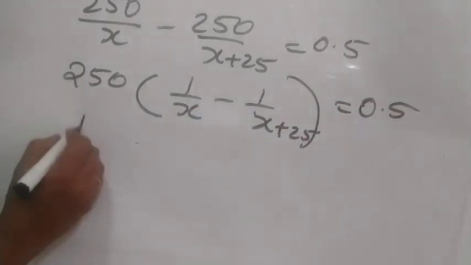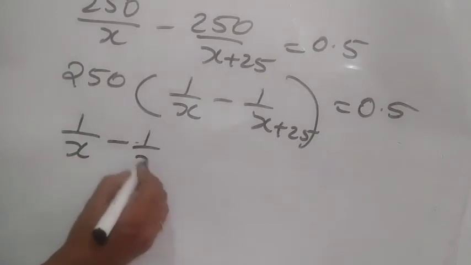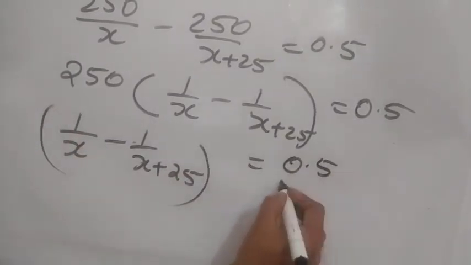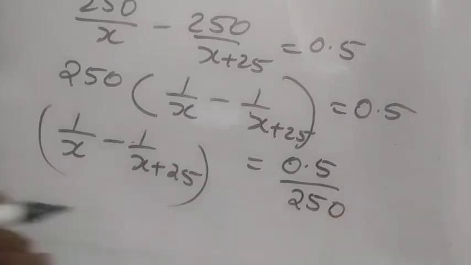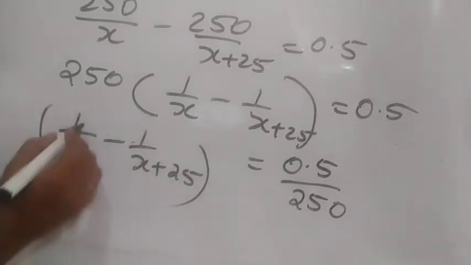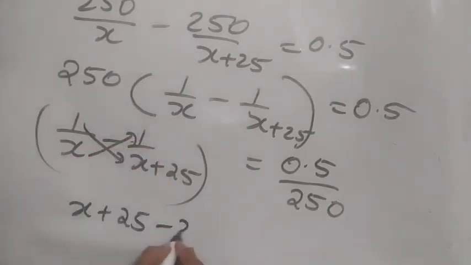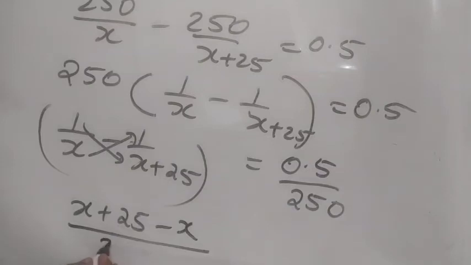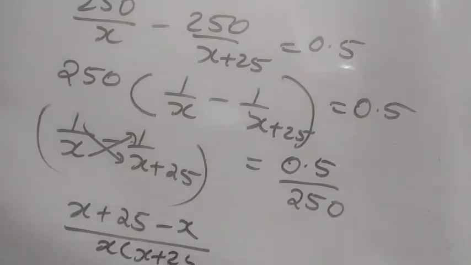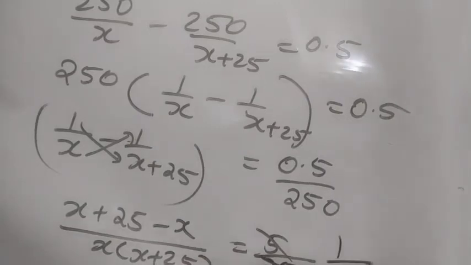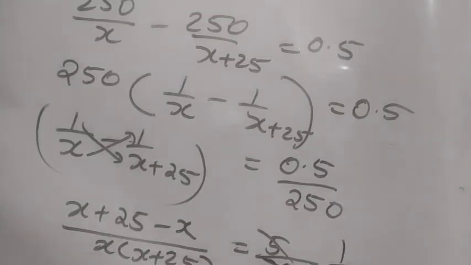And we can write 1 by x minus 1 by x plus 25 equal to 0.5 by 250. We take 250 to the right side. Take the LCM here: x plus 25 minus x divided by x into x plus 25 gives 0.5 by 250, or 5 by 2500. Cancel out, this is 1 by 500.